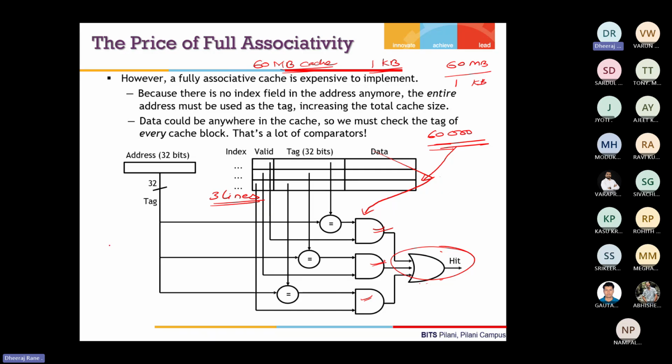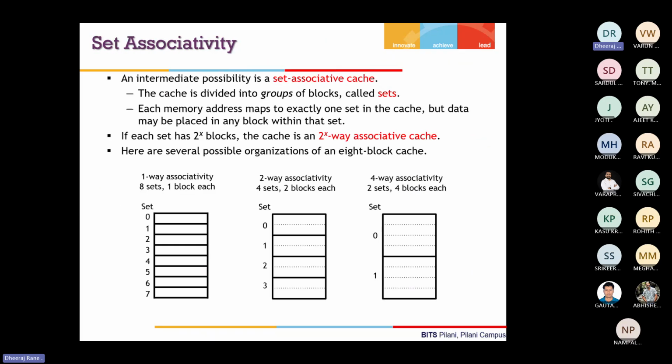So can there be a midway so that neither I'll be losing the number of blocks as compared to the direct access, but at the same time I don't have to get involved into these complicated electronics, right?